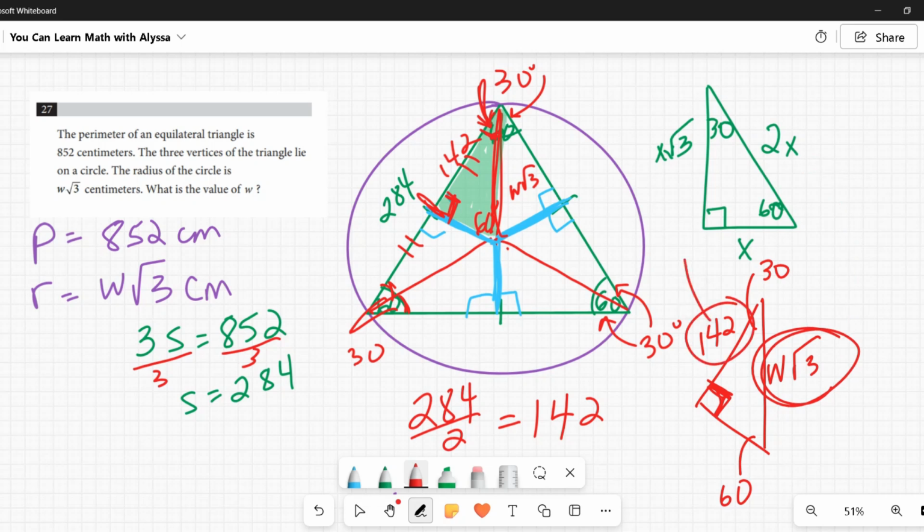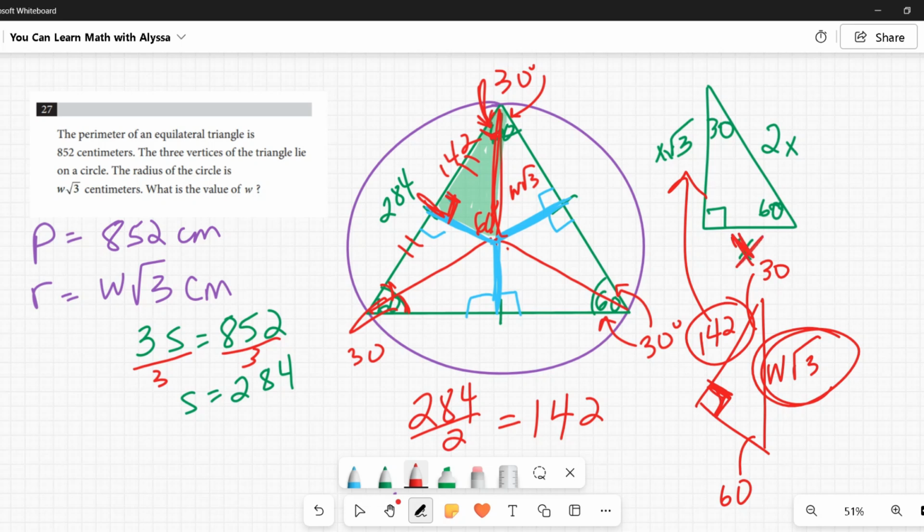This 142 is correlating to the x square root of 3 because it is the leg, that is, it's touching the right angle. Those are the two legs, the ones making the right angle, and it's the leg that's touching the 30 degrees and the right angle. That's how I always remembered it, is the square root of 3 is the leg with the 30. That's how I connected it.